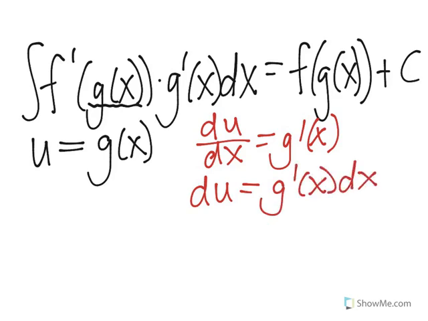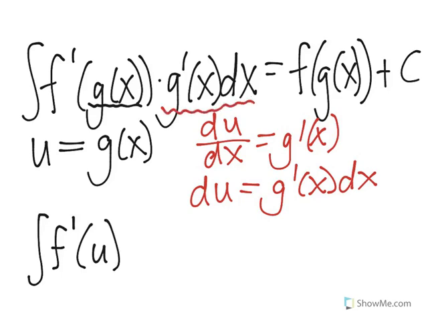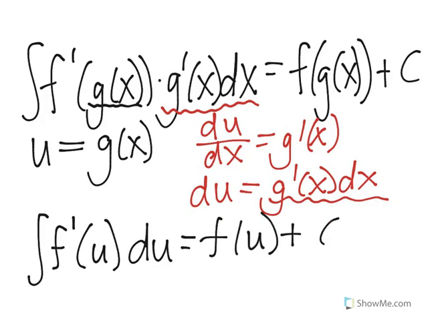So if we make our substitution now, this integral here becomes f prime of g of x, well that's f prime of u, times g prime of x dx, which is exactly our new du. And this is equal to f of g of x, which is f of u plus c.